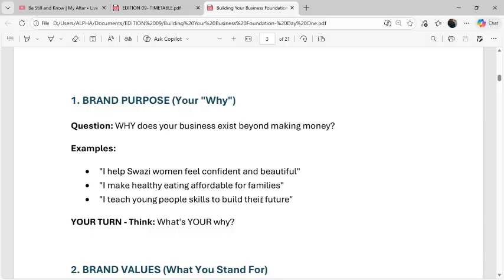I teach young people skills to build their future. In as much as you may not be interested in the future of young people, if you say that your business is about them, then young people are going to be coming to your business because they are concerned about their future. You get what I'm saying?